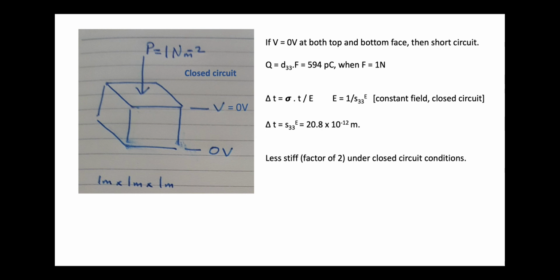We saw it. And what does the piezo do under that electric field? It strains, and so it recovers some of that Hookean deformation due to the piezoelectric effect. And so it's stiffer under open circuit compared to closed circuit. And in this case it's a factor of 2. So it's twice as stiff under open circuit compared to closed circuit, so you get half the deflection.